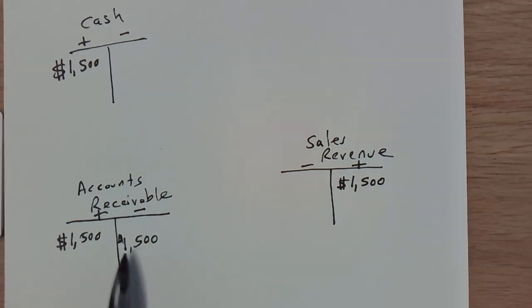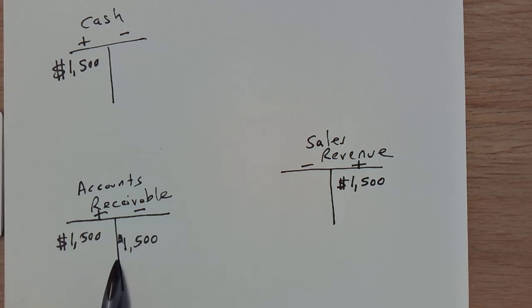And why do we do that? Well, you can see we had debited $1,500 here for accounts receivable. We added $1,500 to it, in other words, and then we're crediting it. We're backing that out. We're subtracting $1,500 here. So for purposes of the accounts receivable, we now have zero owed, right? This asset has gone to zero because we added $1,500 and then we took $1,500 back out of there.